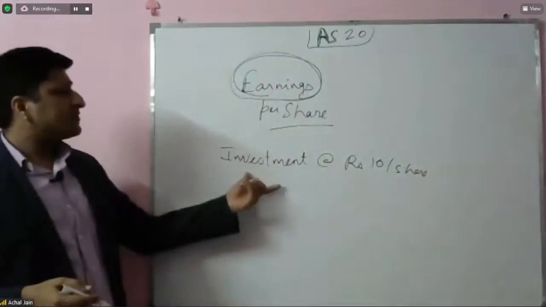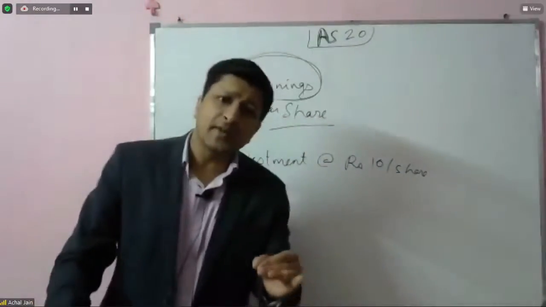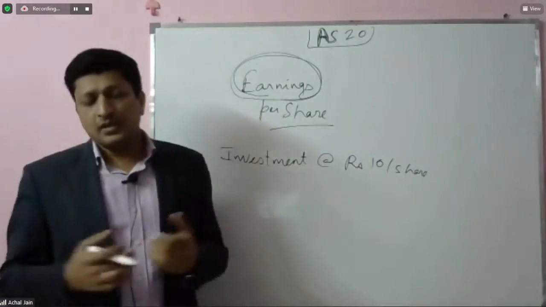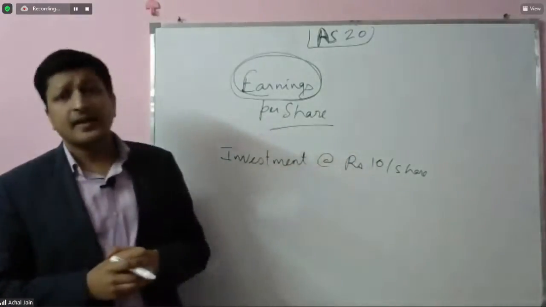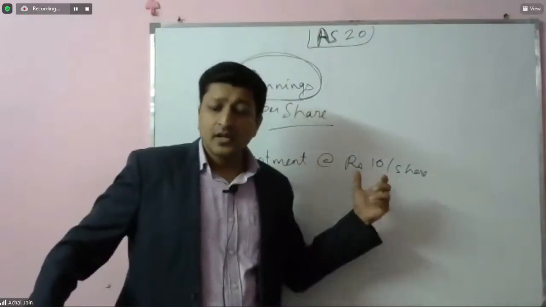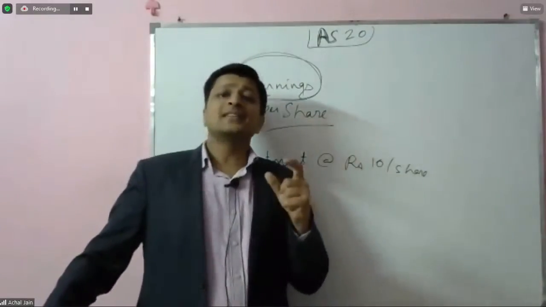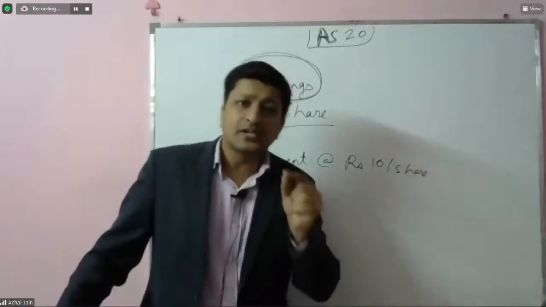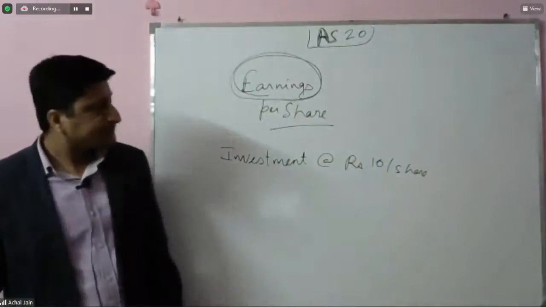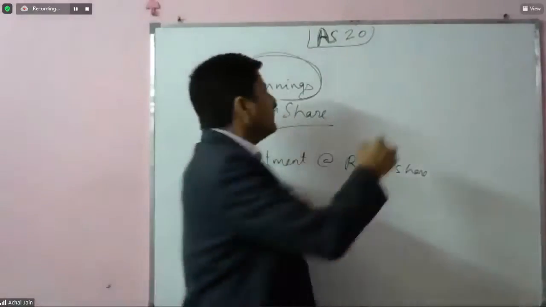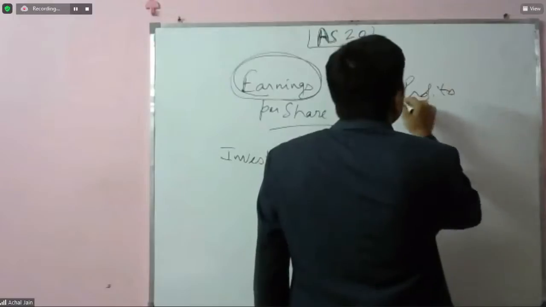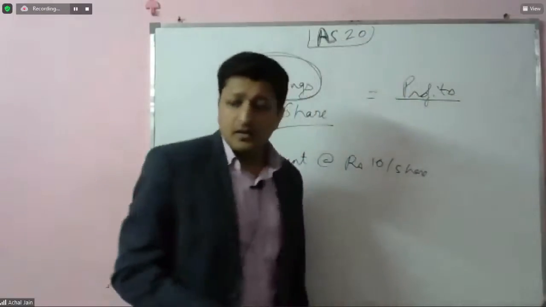When the money was invested, the company had only share capital, but now the company has also got reserves year over year. So in relation to the money which the investor had invested, now we are trying to check what is it that he has earned year on year. Every year, what is it that he has been earning? So how do we compute it? We will say the profits which the company would have earned over the period.